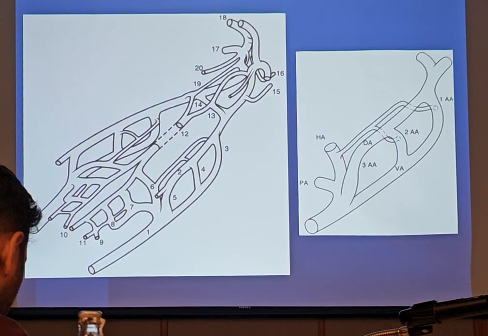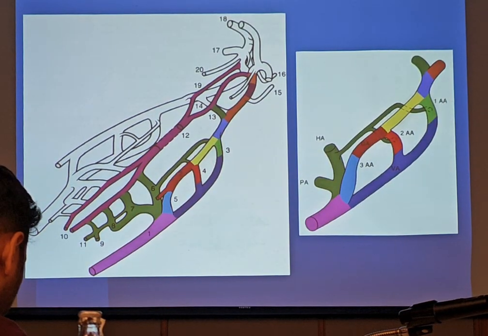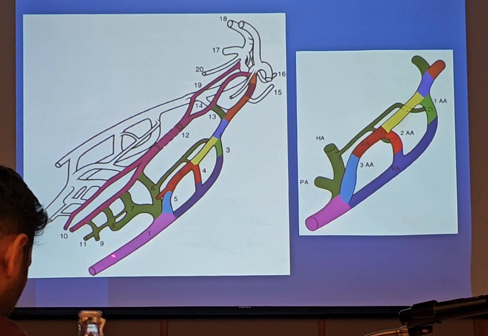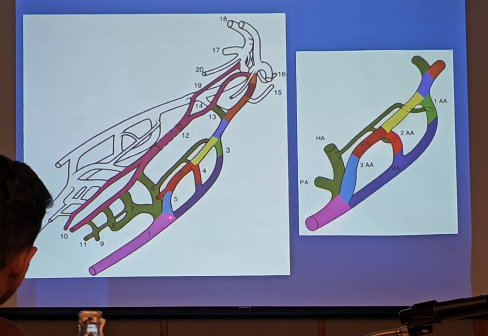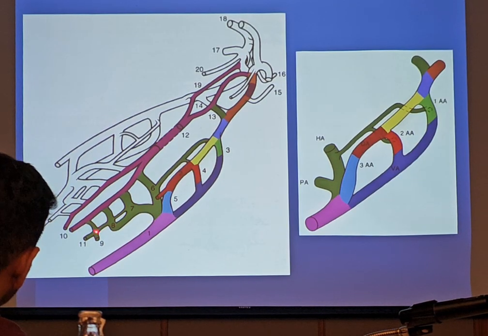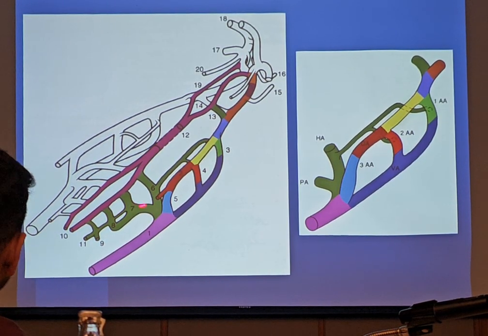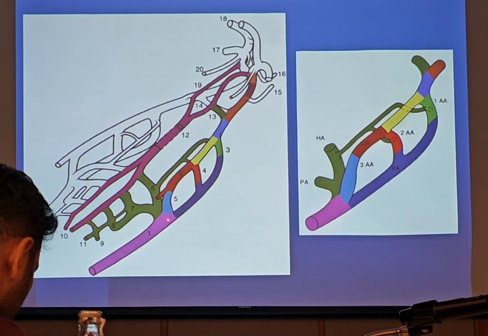For me to understand a little bit better, I put in some colors. You can see this ventral aorta continuing, and a segment of dorsal aorta. You can see the stump, but this is actually, as I explained to you, regression of the dorsal aorta between the third and fourth aortic arch.